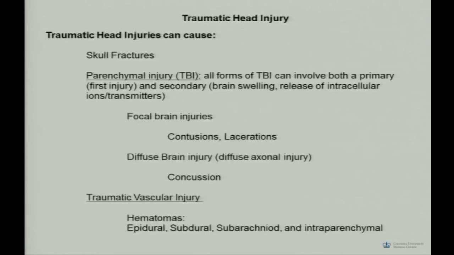What's happening is that the entire brain is affected. And what happens with a diffuse brain injury is you have some sort of rapid acceleration or deceleration of the brain that creates a shearing stress.